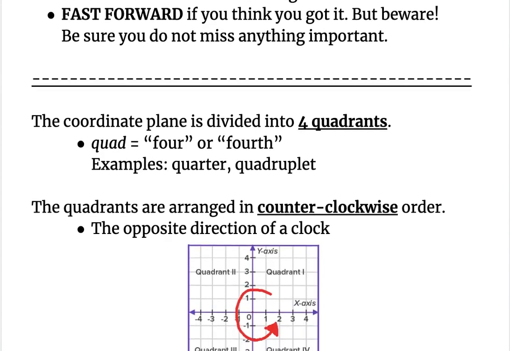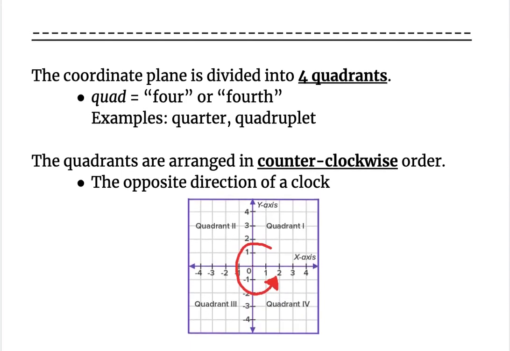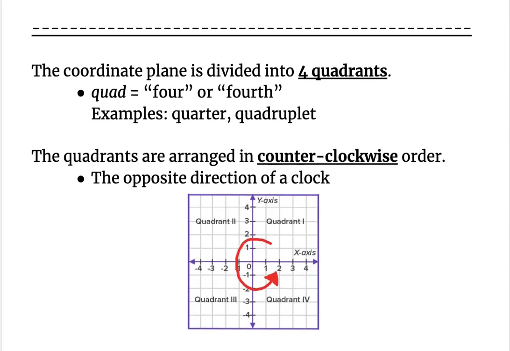The quadrants, now this is kind of counterintuitive. You would think that they would be going clockwise in order. You would think it would start here with 1, 2, maybe 3, and then 4, like in a Z format, but it's not ordered that way. The quadrants are actually arranged in counterclockwise order, so against the direction that a clock would go in.